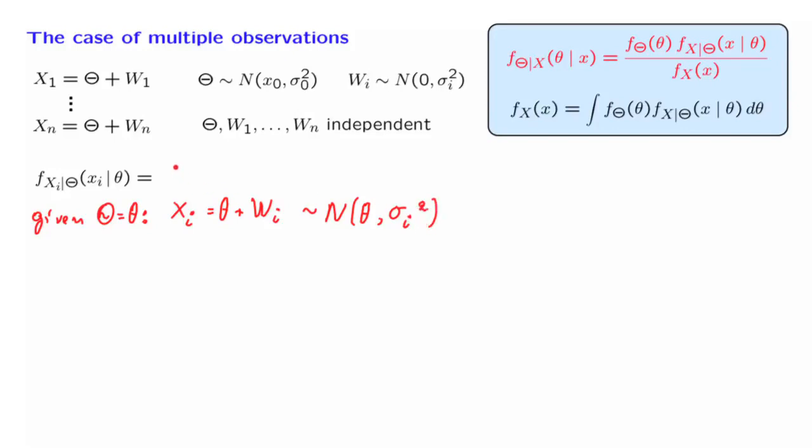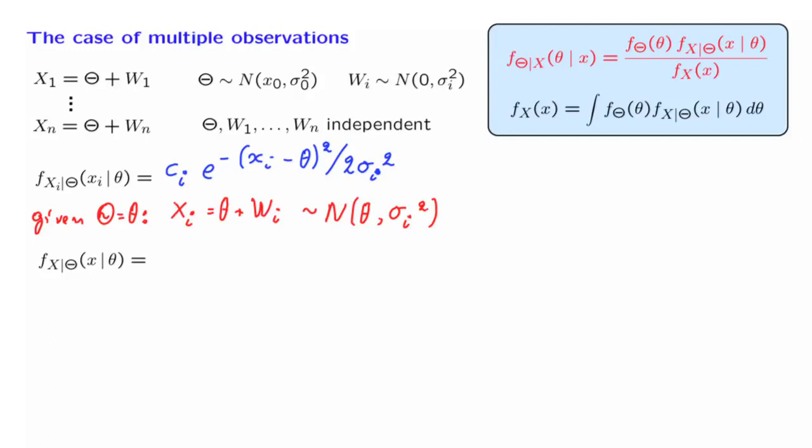And so we can now write down the PDF, the conditional PDF of xi. There's going to be a normalizing constant, and then the usual exponential term, which is going to be xi minus the mean of the distribution, which is theta, and then we divide by the usual variance term.